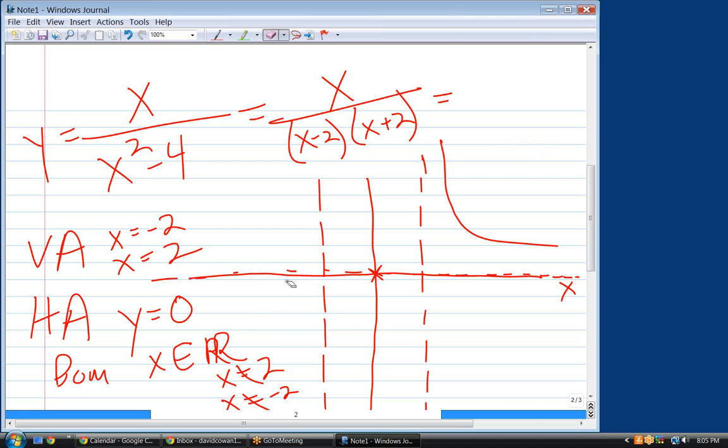Now let's see where it ends up over here. Let's not worry about the middle for the moment, but figure out what happens over here. Is it going to be down here or is it going to be up there? So plug in a minus 3 for x, because this is at minus 2 here. And this is at plus 2. So if I plug in an x that's to the left of that vertical asymptote, it'll tell me whether I need to be up here or down here.